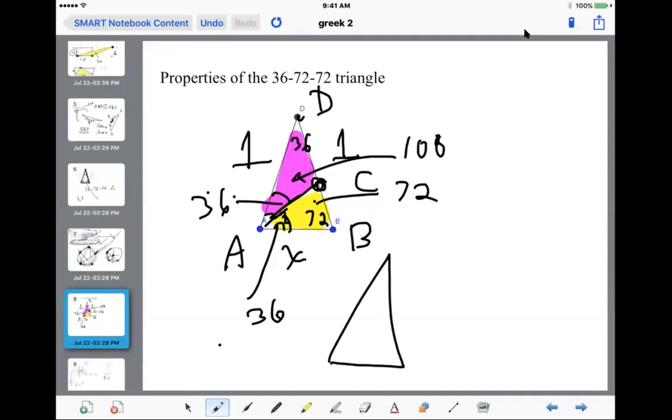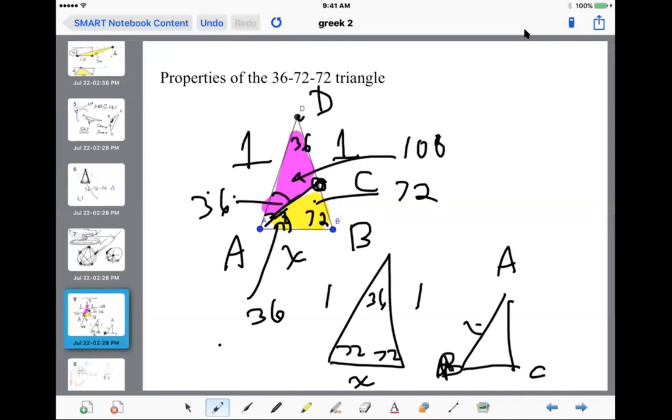So here's the original one, 1, 1, x, 36, 72, 72. And here's the small one, the yellow one. This is AB also. So here is an important question for you.